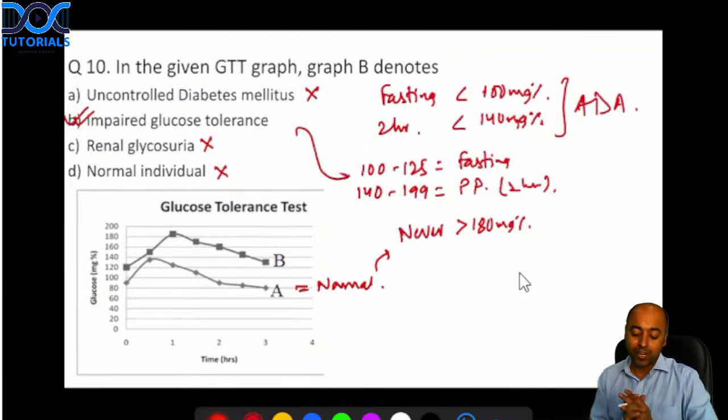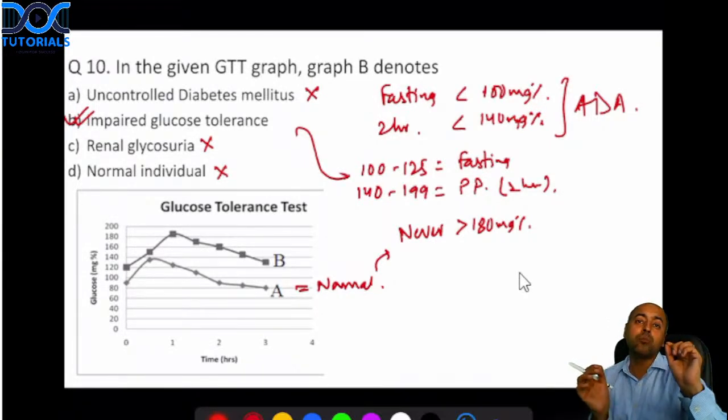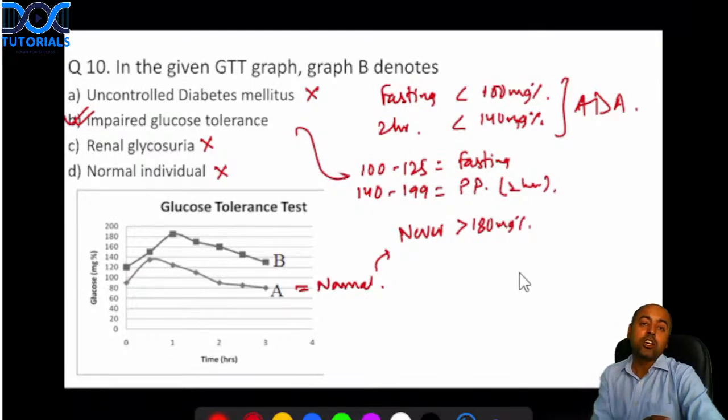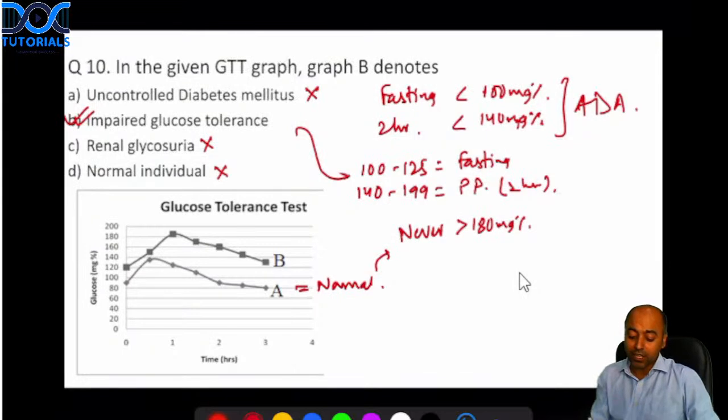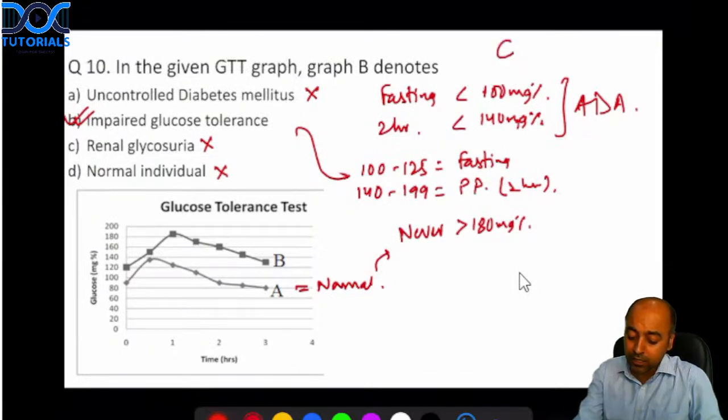So you might find glucose in urine in these patients, but when you do the 0-hour and 2-hour measurement, you find that it is normal. In that case you have to do the extended GTT where you take values after every half an hour, or nowadays we have what is known as the continuous glucose monitoring system.